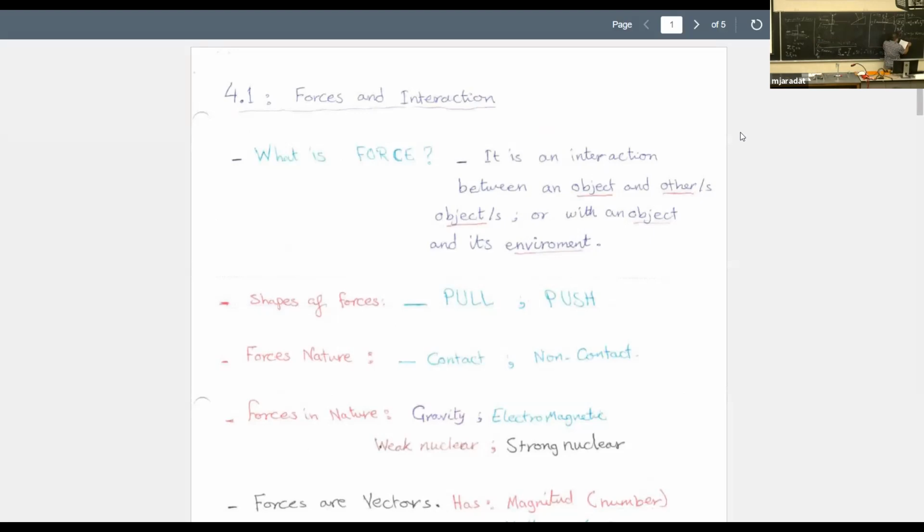This will be negative 19.6 plus n plus 5 equal to 0. How much is n? In this case, n will be equal to positive, because we will move this to here, 14.6 newtons.